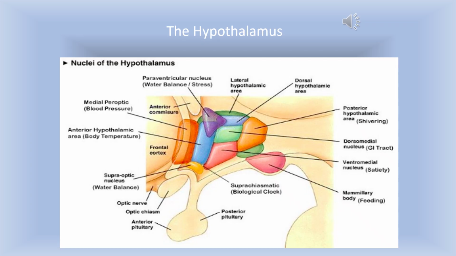So maintaining those steady state values, things like the chemistry of the blood, the water balance of the blood, the salt balance of the blood, the temperature of the blood, and the pressure of the blood. Those things are managed by these hypothalamic nuclei, but they are subject to the influence, if not the control, of the cerebral hemispheres. So the hypothalamus is the manager, but the manager is answerable to the owner.